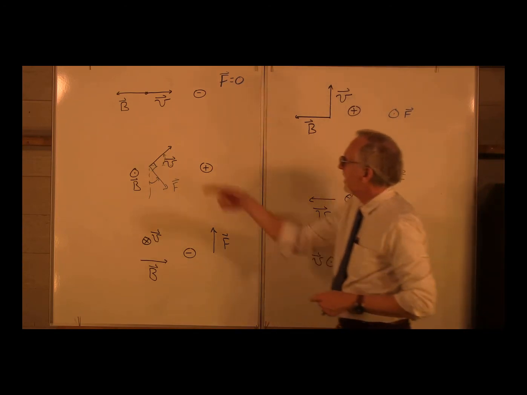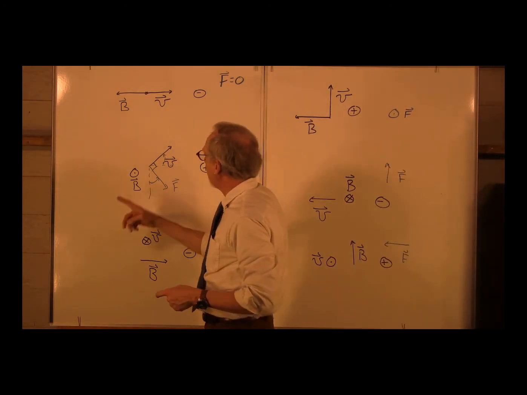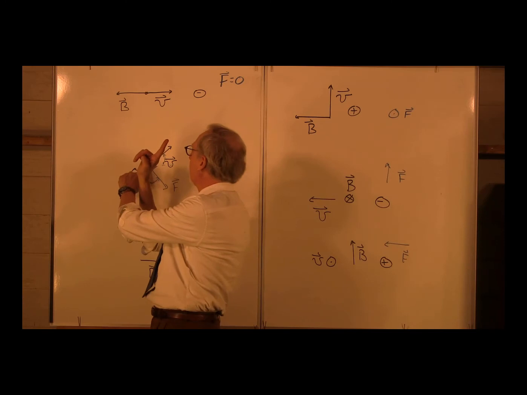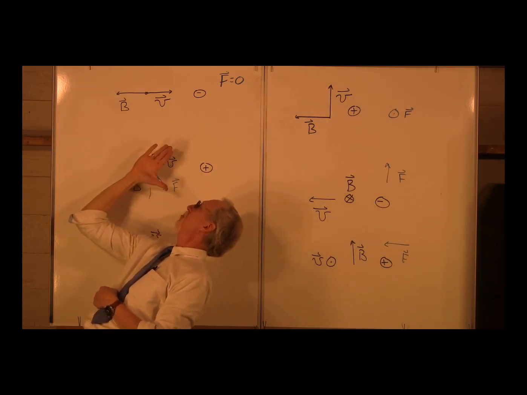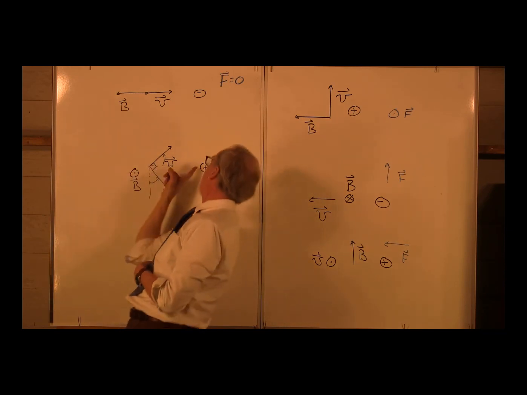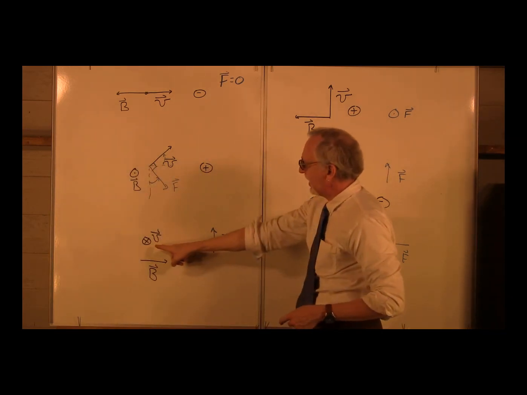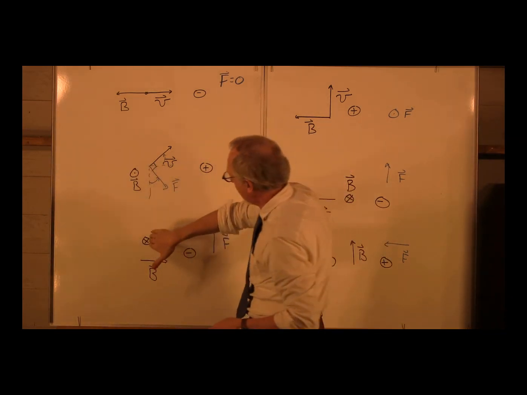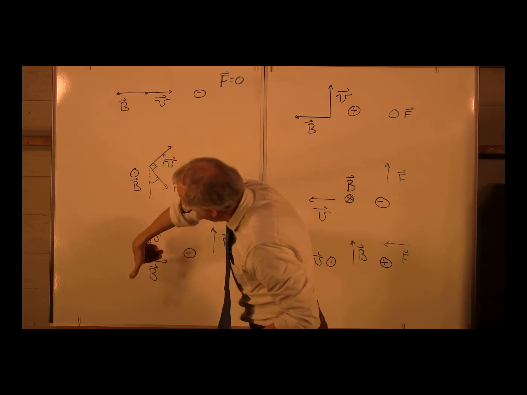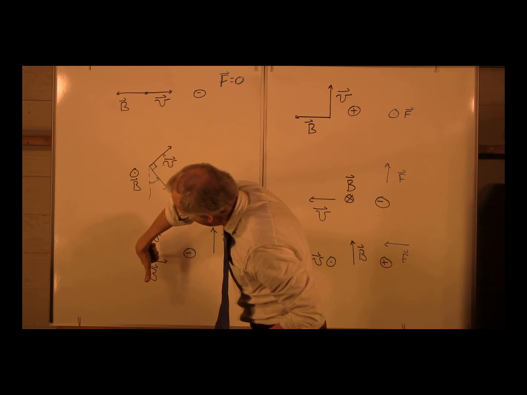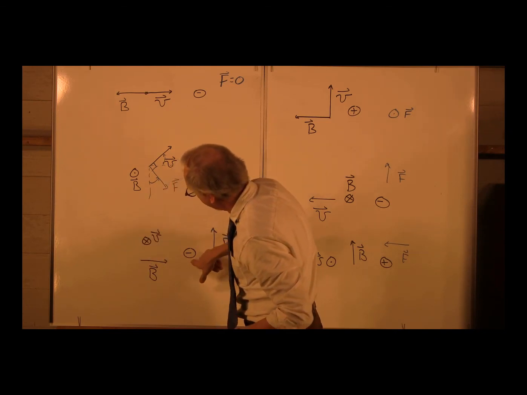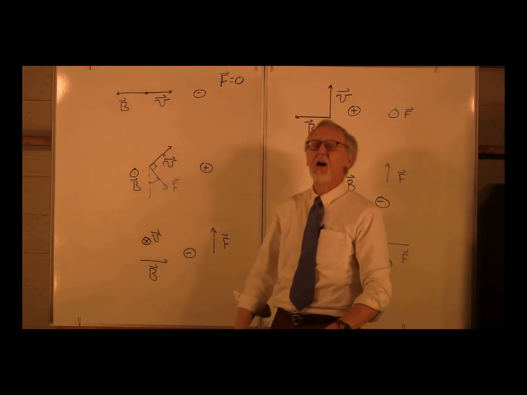That's correct. Again, we know that one's 0. V is this way, and I've got to rotate it to out of the board. This way, my thumb points down this way towards me for a positive charge. V is into the board, and I rotate it over this way. For B, my thumb points down, but it's a negative charge, so the force is up.